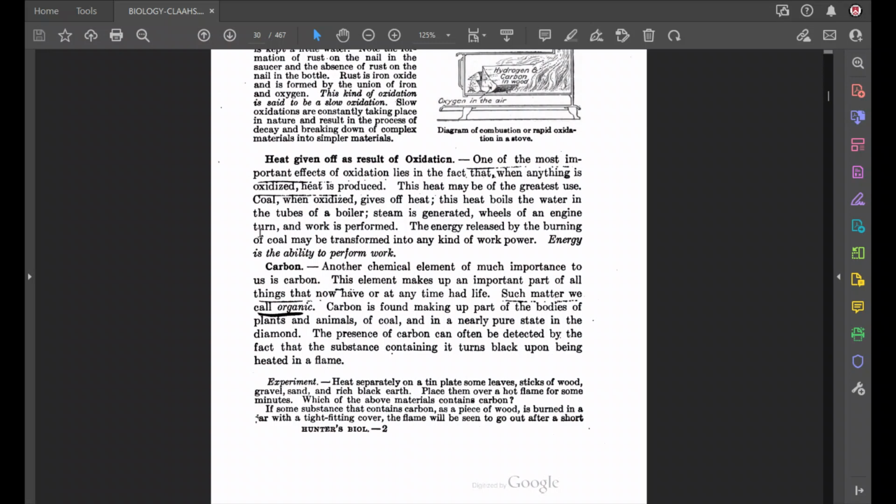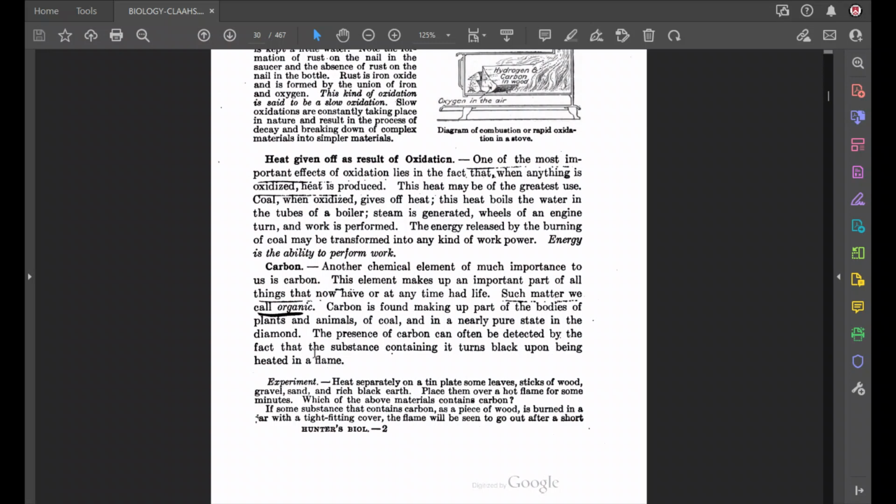All right, so the presence of carbon can often be detected by the fact that a substance containing carbon turns black when being heated. Now, if you get a fire going really, really hot, you may not see any black. That's not what this is saying. Because then the fire is so strong and the draft of the fire is so strong that it actually blows all the carbon away.